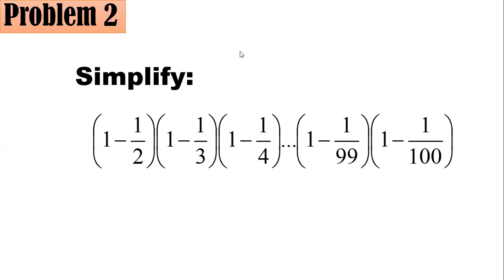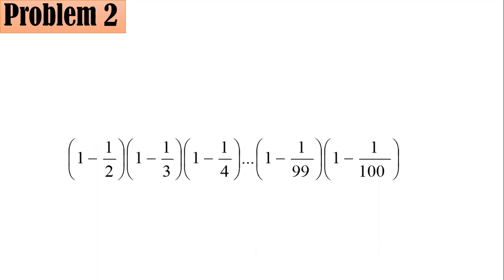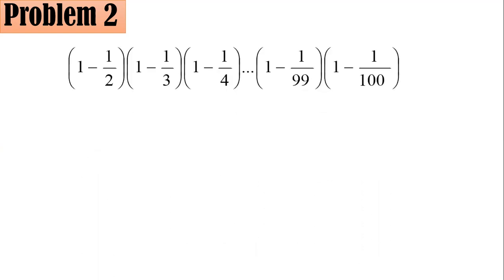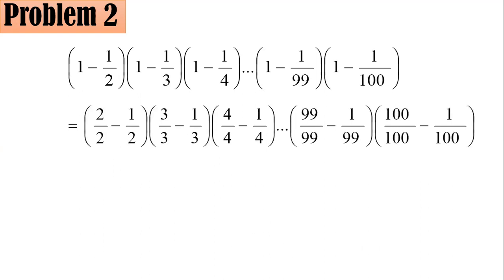Let's see. Cody, are you with us? Would you like to explain how come it's 1 over 100? If you minus, 1 minus 1/2 is equal to 1/2, and after that 1 minus 1/3 is equal to 2/3. So the denominator of the first number cancels the numerator of the second number, which makes it into 1/3.